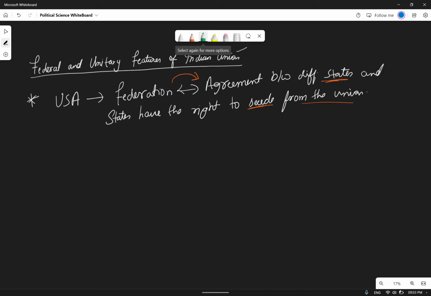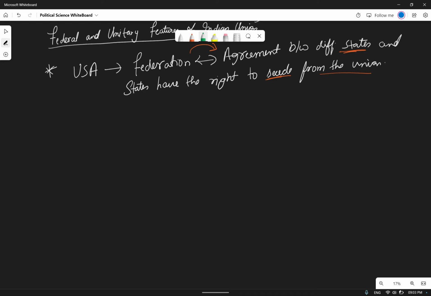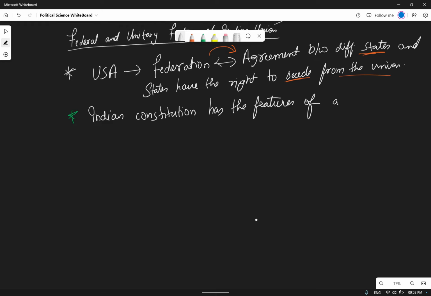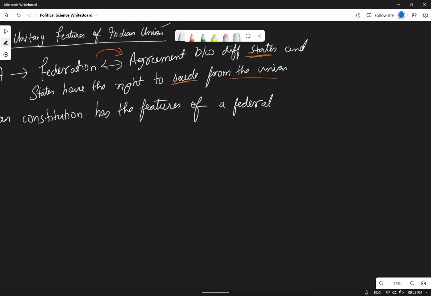But that kind of thing is not possible in the Indian constitution. Another important feature is that the Indian constitution has the features of a federal and unitary form of government.